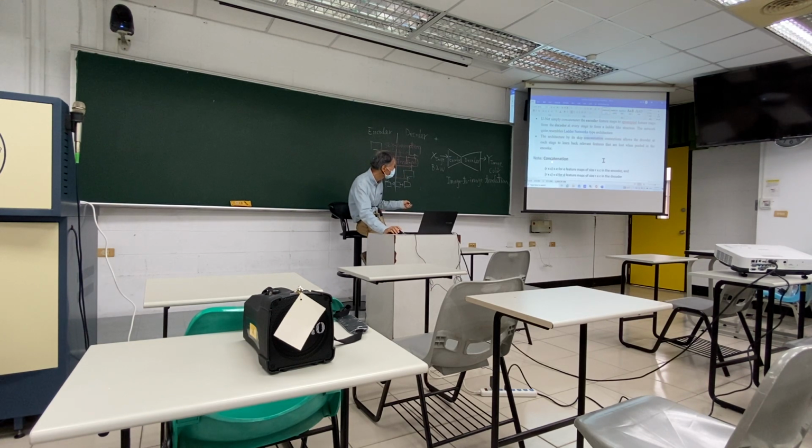So I'll put in further details. Suppose in the encoder the feature map size is R by C, but you have E channels, and in the decoder the size, remember, must be the same, otherwise you cannot do the concatenation.